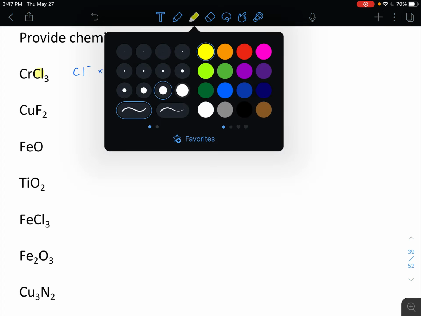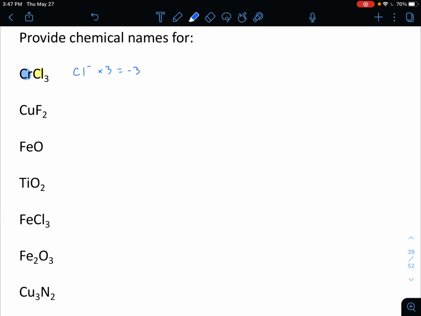So then what that means is I've got 1 chromium atom that needs to counteract that -3. So the only way that's going to work is if chromium is +3. So then when I name it, it's going to be chromium, then in parentheses, Roman numeral 3, chloride.